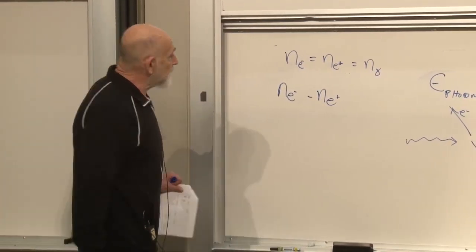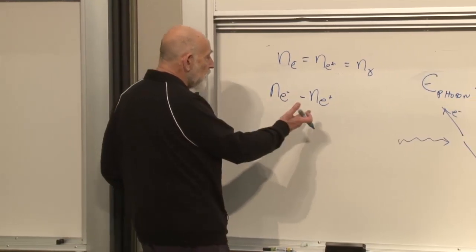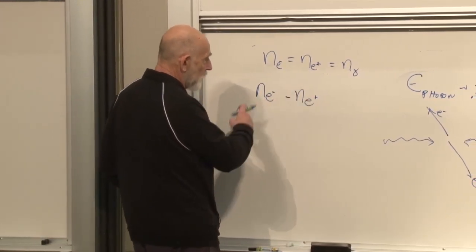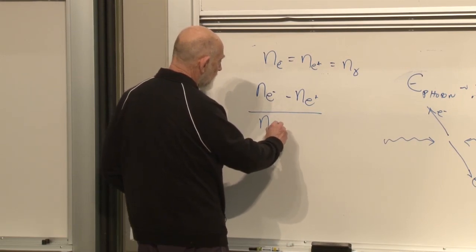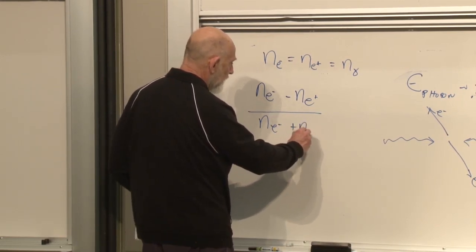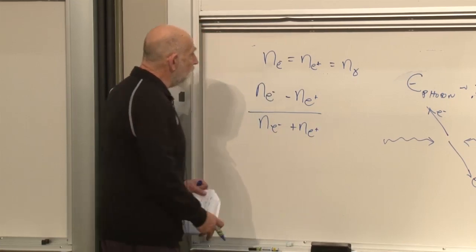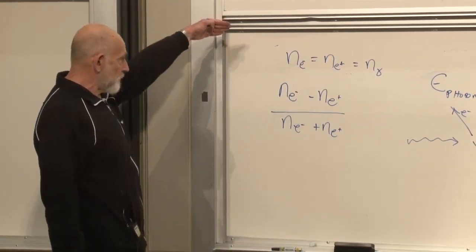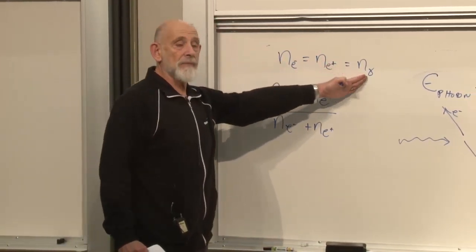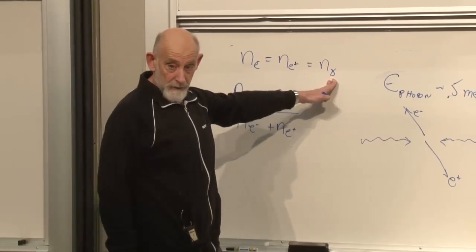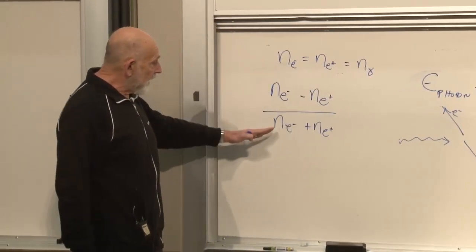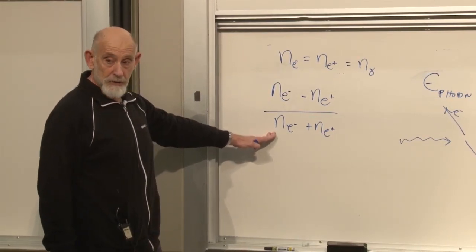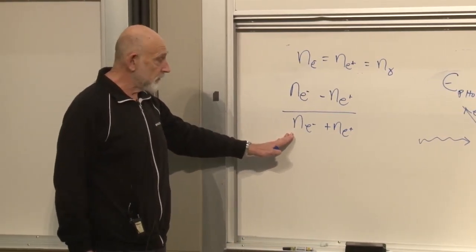If you divide that by the number of electrons plus positrons, which is of the same order of magnitude as the number of photons, then the number of electrons today in ratio to the number of photons is 10 to the minus 8th.